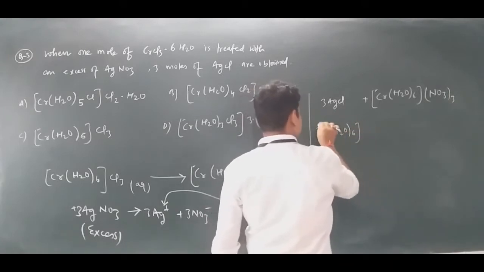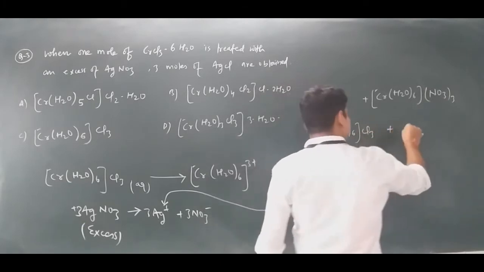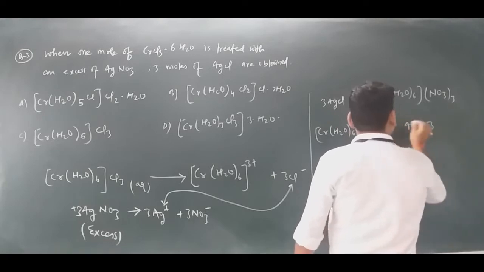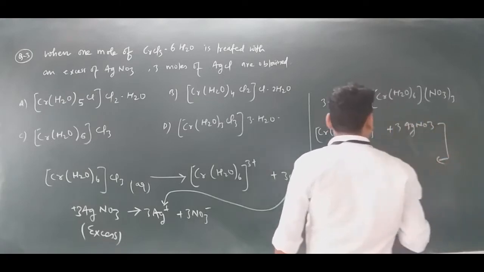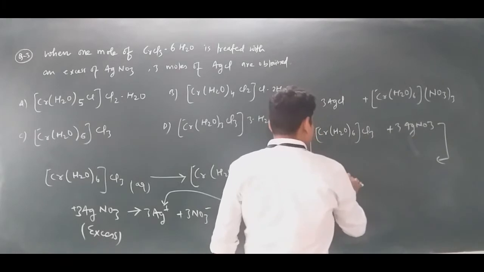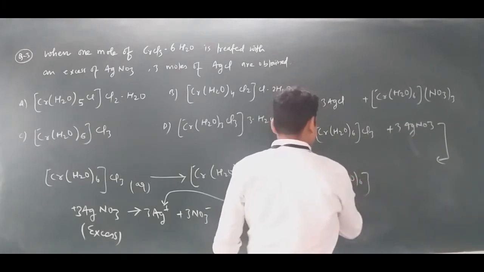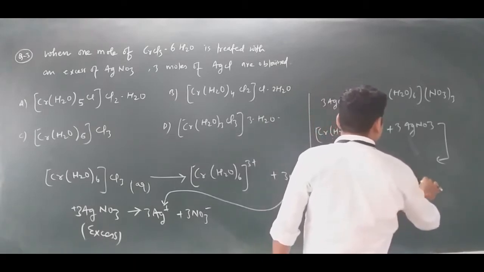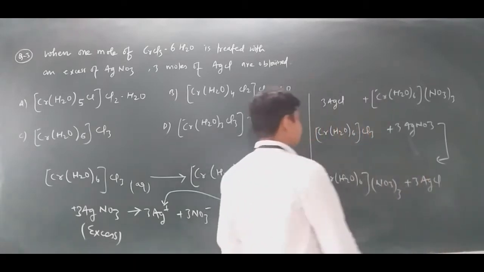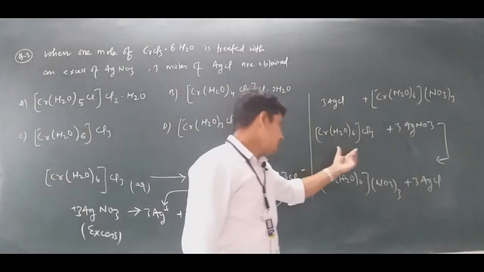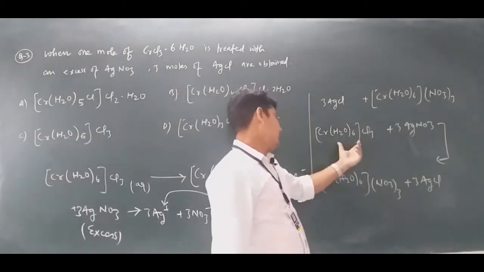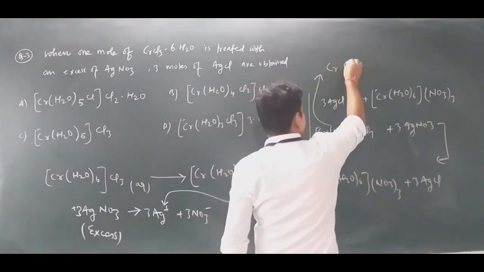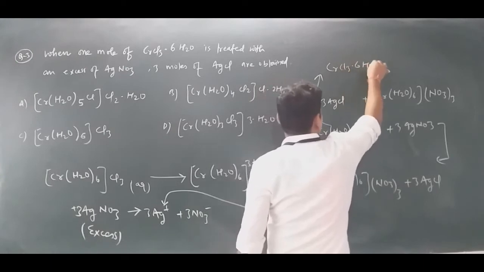Means overall what is happening here is that [Cr(H2O)6]Cl3, when reacting with 3 moles of AgNO3, gives [Cr(H2O)6](NO3)3 plus 3AgCl. So obviously the molecular formula can be written as CrCl3·6H2O.